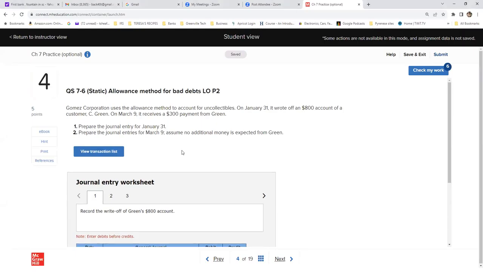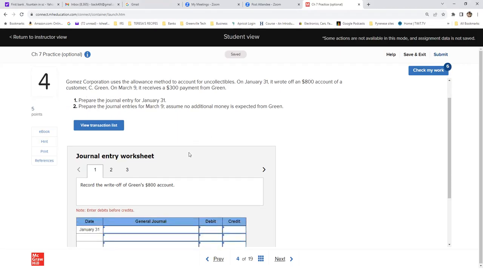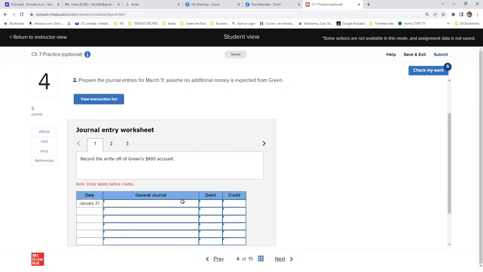Gomez Corporation uses the allowance method to account for uncollectibles. On January 31st, it wrote off an $800 account of a customer, Steve Green. It received a $300 payment. So we have to prepare first a journal entry to write off Green's account.